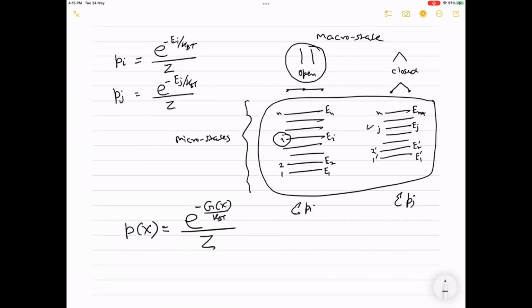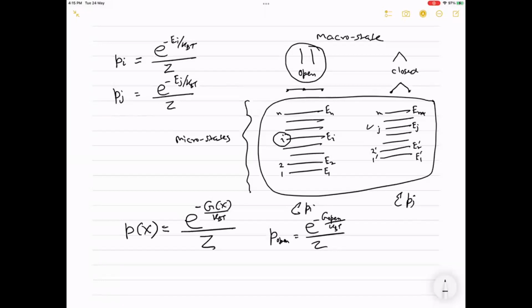For example, to find the probability of finding the system in the open macroscopic state, I can calculate the free energy of the open macroscopic state.